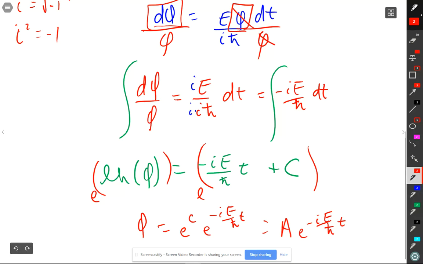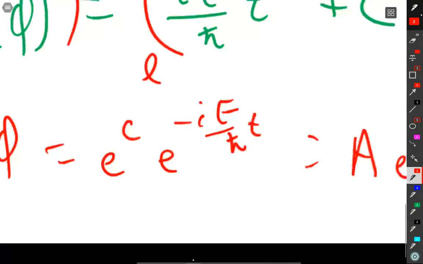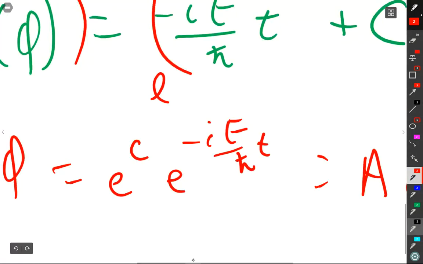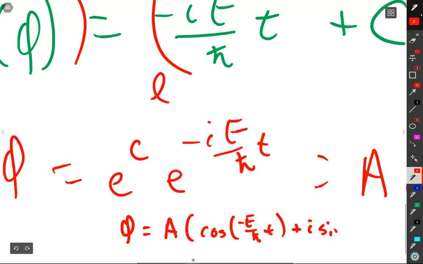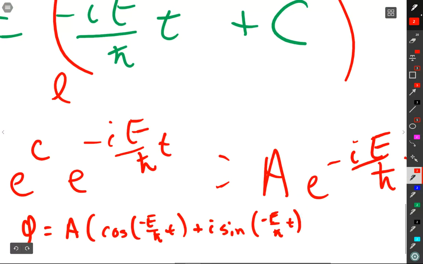So that's our time-dependent variation. What is that? Well, if you use the Euler relation, and I've run out of space, we use the Euler relation, it's a sinusoidal variation.